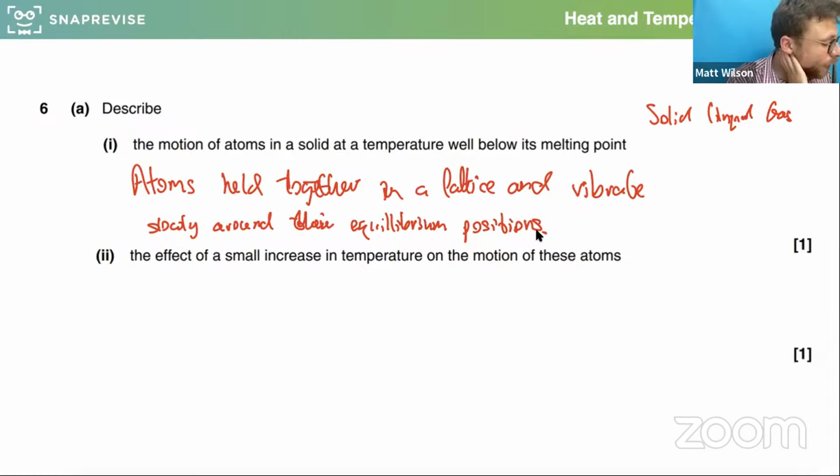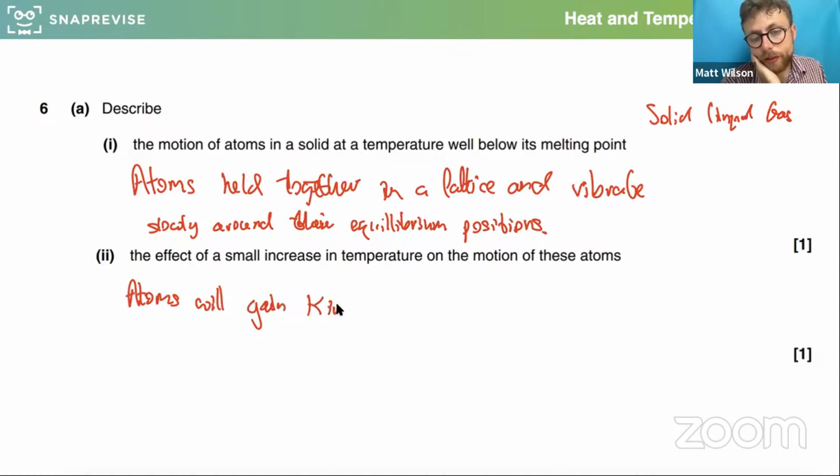So that is almost true. It turns out, and we're going to talk about this more in the next section, the temperature is actually specifically a measure of the kinetic energy. So all we need to say here is the atoms will gain kinetic energy.